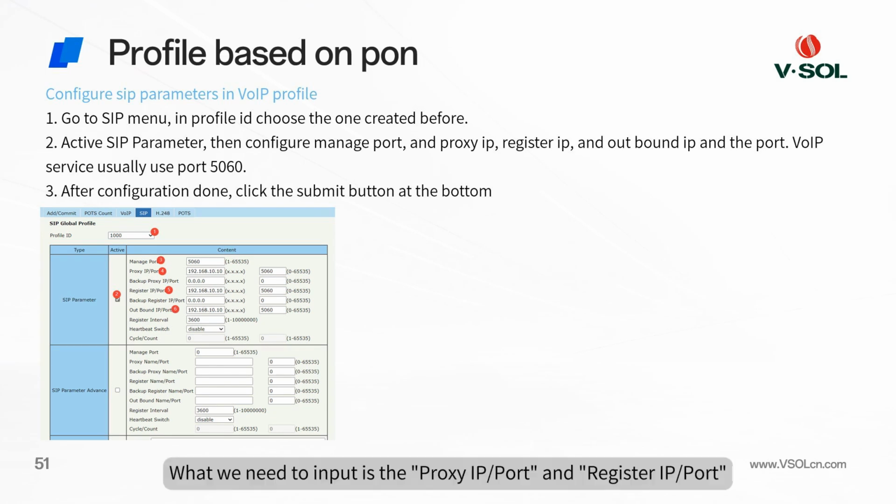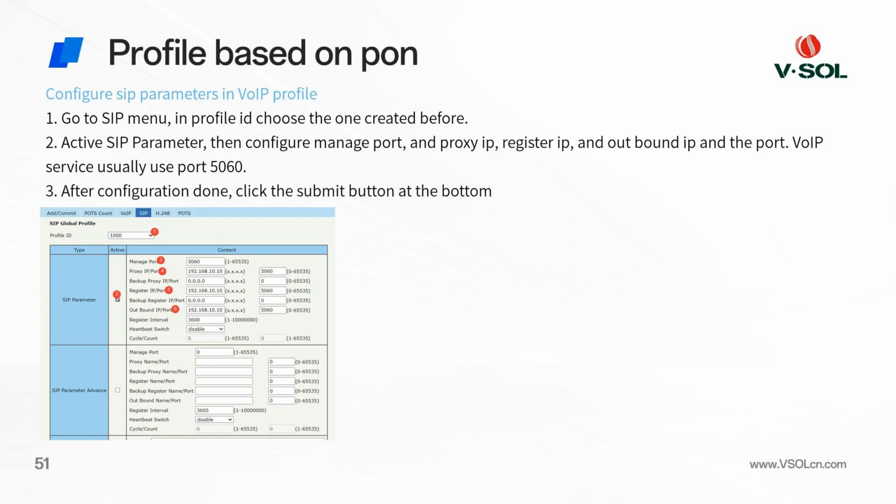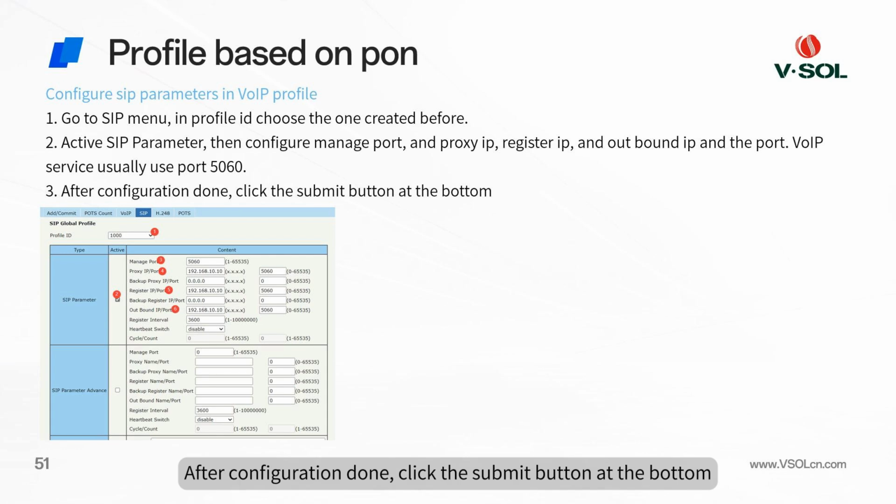What we need to input is the proxy IP/port and register IP/port. If your ISP needs other parameters changed, you can set them there also. Here the example SIP server is 192.168.10.10 and the server port is 5060. After configuration is done, click the Submit button at the bottom.